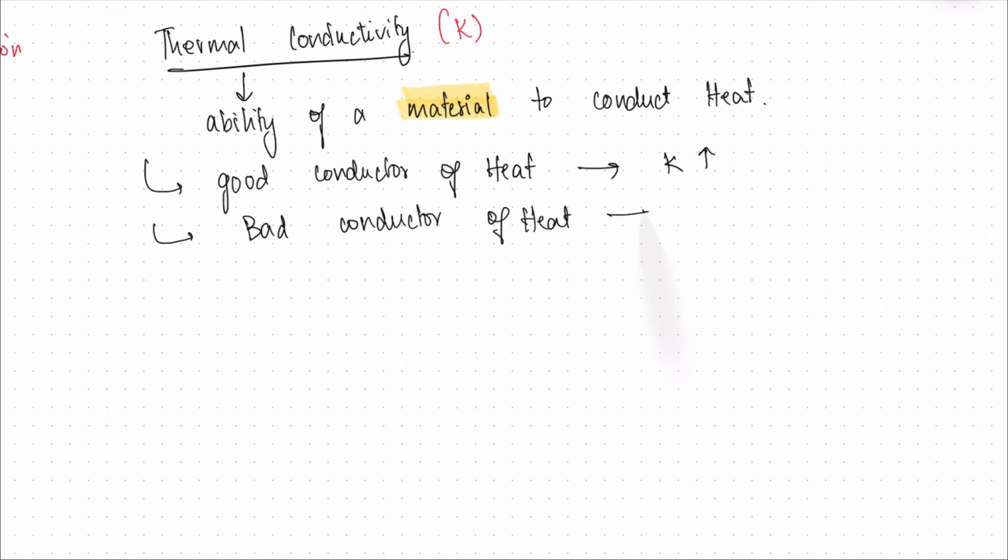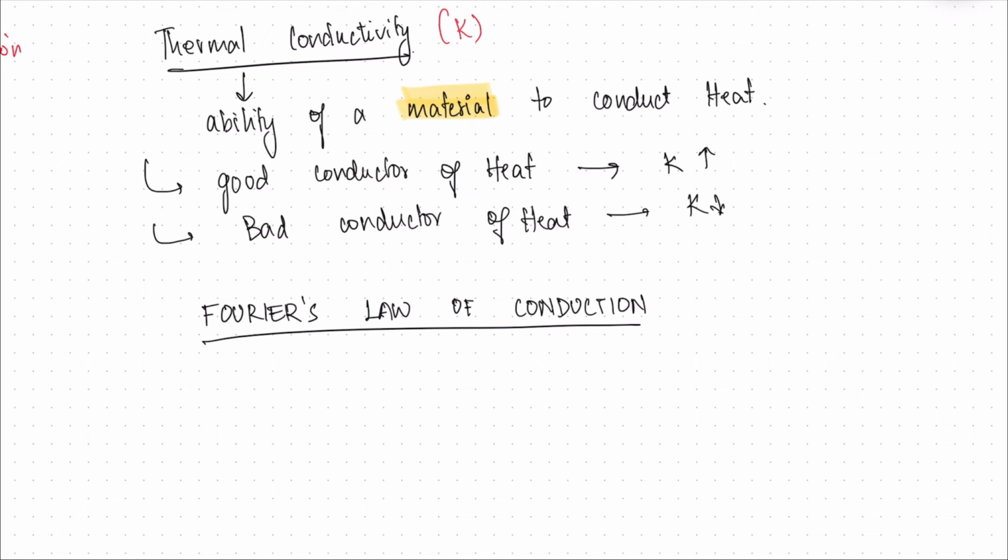So let's take an example. Let's consider copper and wood. Copper is a good conductor of heat, so your thermal conductivity or K value would be higher. While wood is a bad conductor of heat, so your thermal conductivity or K value would be lower. Fourier's law of thermal conduction helps in measuring the thermal conductivity of a material.